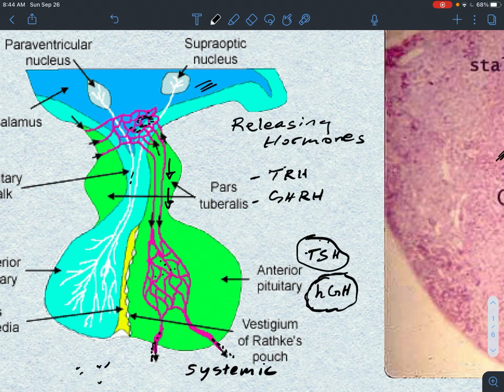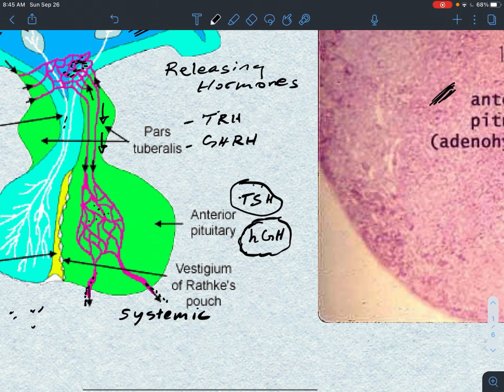It is an extension of the brain itself. Don't forget that the hypothalamus is a part of the brain. So this is just an extension of the brain itself. The anterior pituitary instead is glandular in its histology. And you can see here, for example, it's in green, right, in this drawing for a reason.